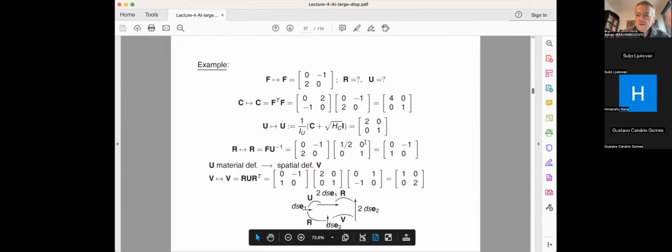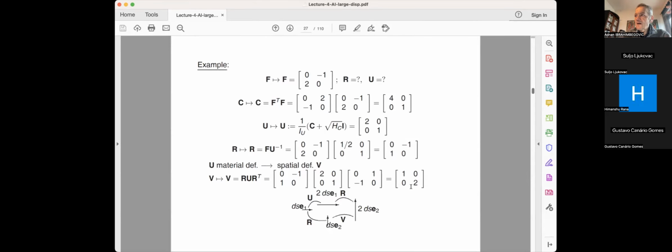We have 2 times stretch, and then basically rotate it to get this one. Or if you do it the other way, with V, first you rotate it, and then you stretch it in the vertical axis. So you haven't changed what really happened in terms of the physical phenomena you're trying to describe, but you get very different strain measures for one and the other.